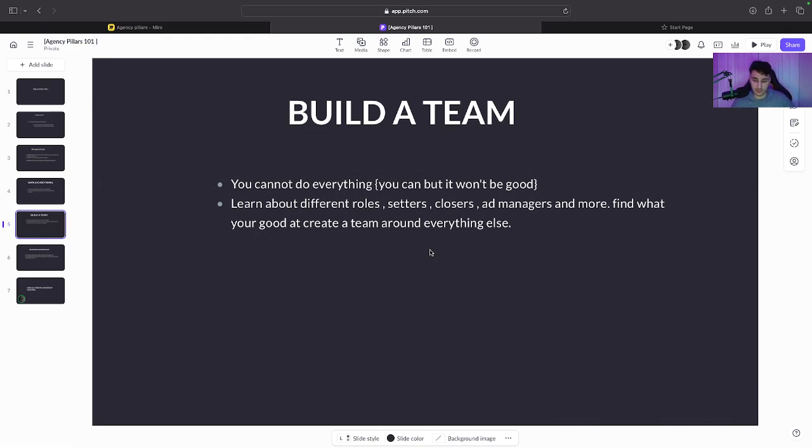There's setters, closers, ad managers, someone that can make you websites, all these different roles. What a smart person does is realize that there's only a couple things that you specialize in. For me, one of the main things I'm personally good at is closing the client on the call or after the call.